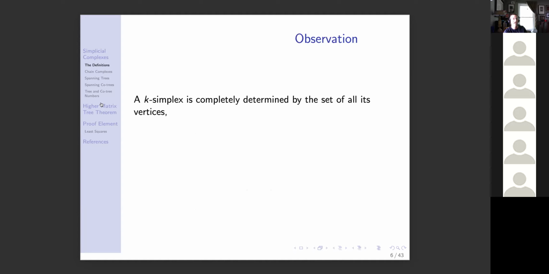Okay, so these are the basic definitions. And I just want to point out something which we don't really use so much: a k-simplex is completely determined by the set of all its vertices. A k-simplex is a set of k plus 1 elements of the universe, and it's in X. We can look at all the one-element subsets of it, and those are the vertices of that k-simplex.